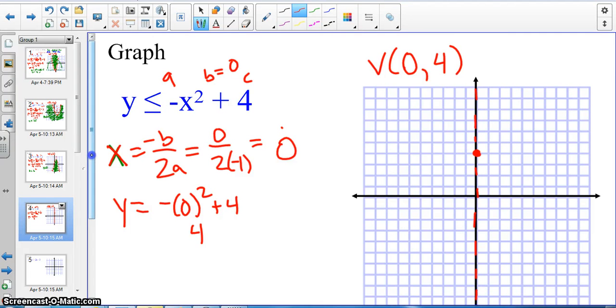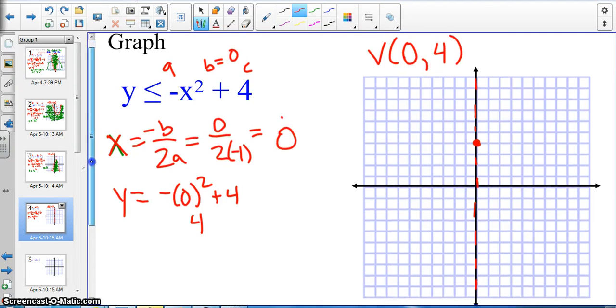Well, just like in vertex form, we had to pick a number that was close to our axis of symmetry to be able to plot a point and then a reflection point. So think about what numbers are close to your axis of symmetry of 0. 1, 2, negative 1, negative 2. Pick one of those numbers for x. I'm going to pick 1.